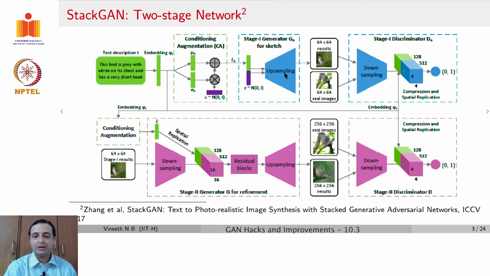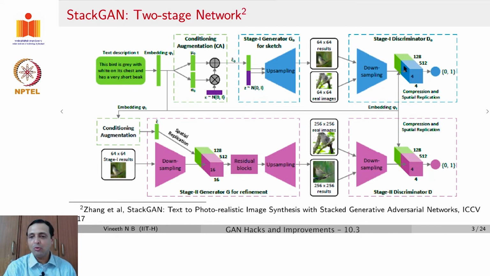The first stage generator then goes through an upsampling generator module, which generates a 64 cross 64 image that you see here. Now, the generated image and a set of real images in a given mini batch are provided to the discriminator, which downsamples these images.